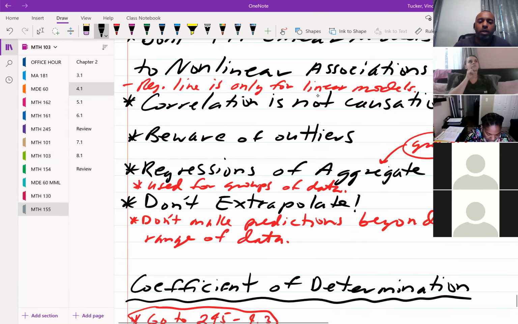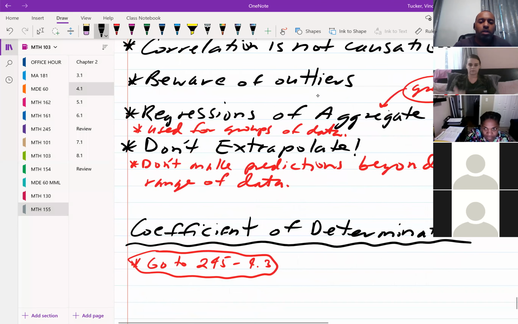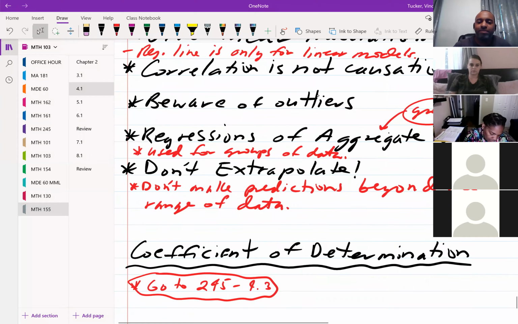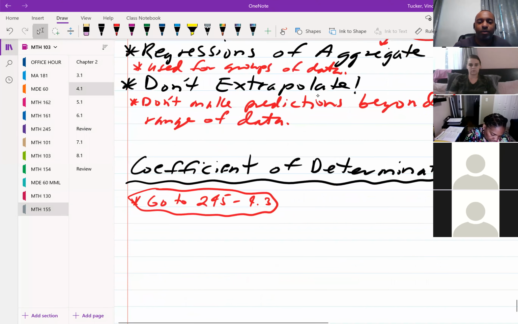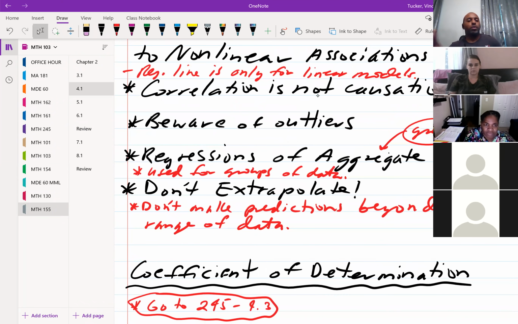All right, let me know when I scroll up. Oh, got to go to my other set of notes. Yeah, and then we'll be done. Okay. So we have one more thing to talk about, the coefficient of determination. And then that'll be it for 4.4.